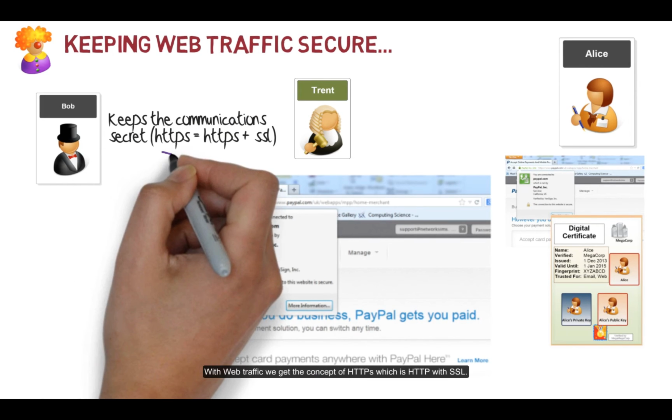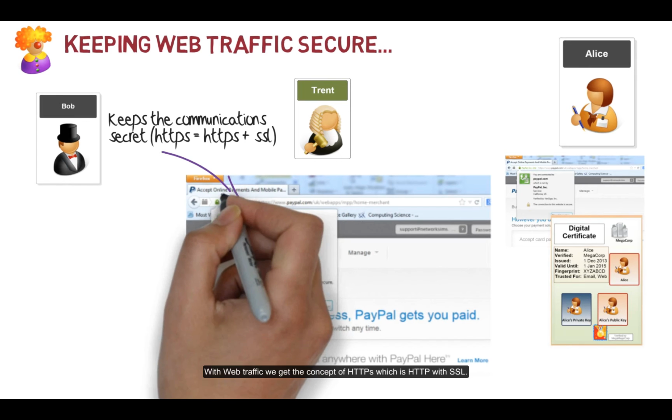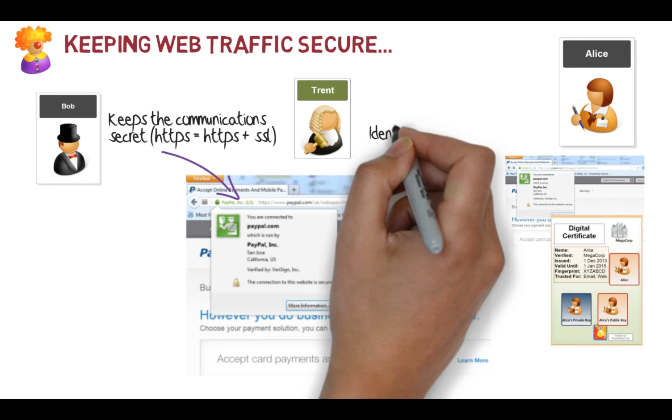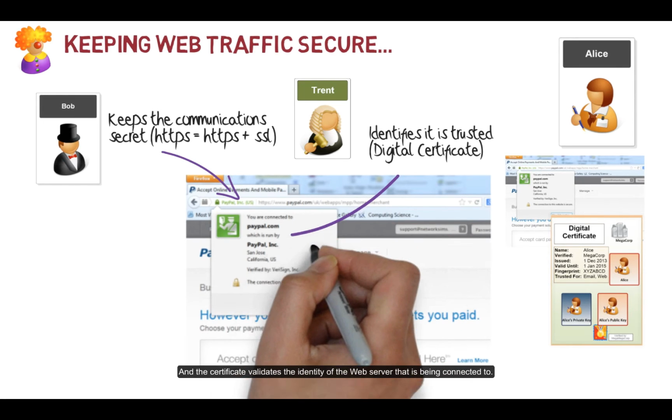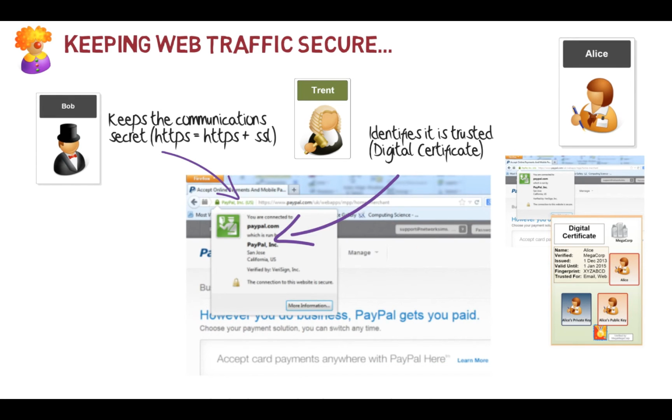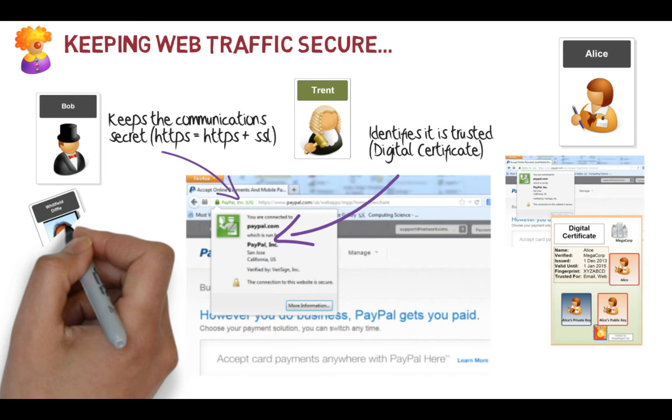So with web traffic, we now get the concept of what's called HTTPS. That's basically HTTP with some SSL. And the certificate itself validates the entity, which is the server.